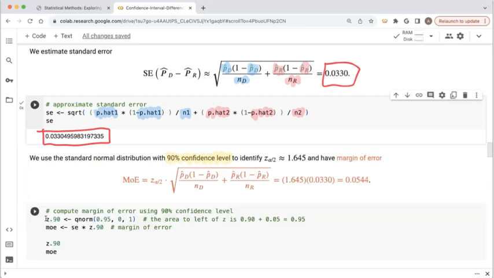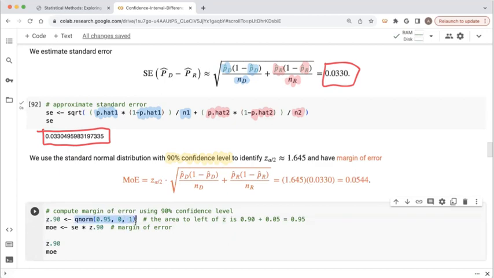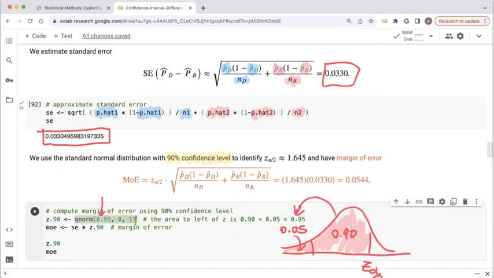For the margin of error, we're using a 90% confidence level. So we could use the qnorm function, which is in the R code cell below. Keep in mind, the middle area is 90%, and then the area in each tail is 5%. So that's why we enter 0.95 to find the Z alpha over 2 value, and that works out to approximately 1.645.